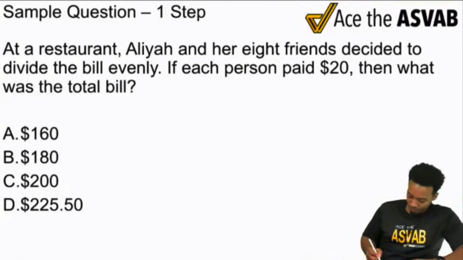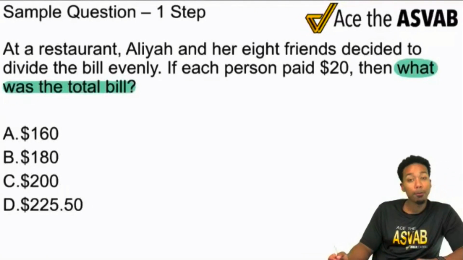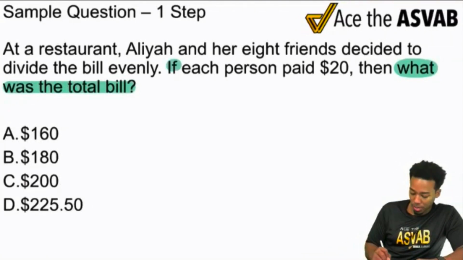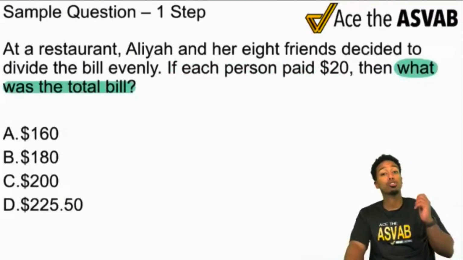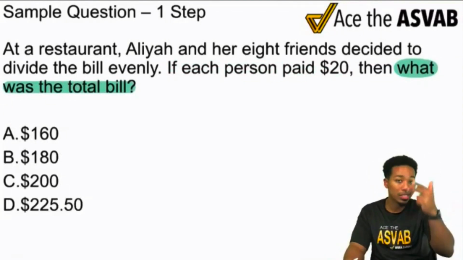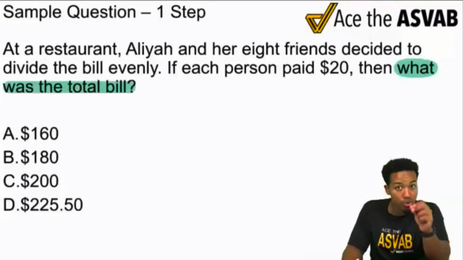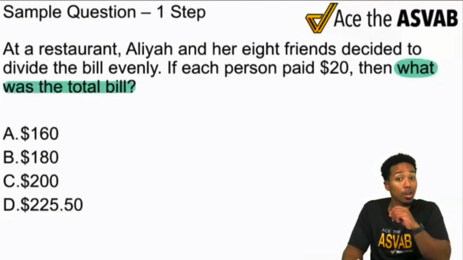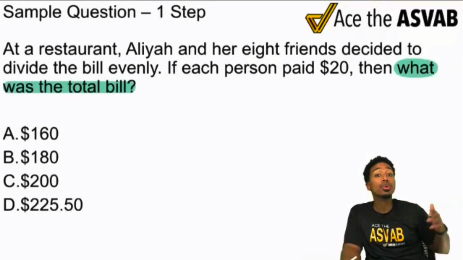So here, what was the total bill? Right there. What was the total bill? Notice how I didn't actually read this first part here, because that's not the question. The question is starting with who, what, when, where, why, how many, which of the following. Those are the action words that identify the question. If they say if, that's just giving you information.